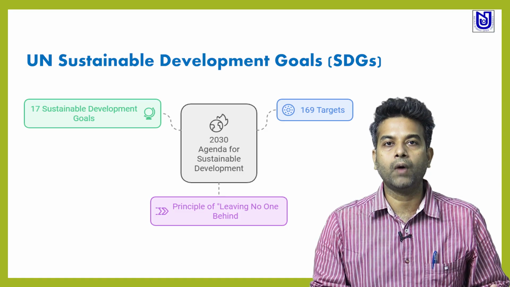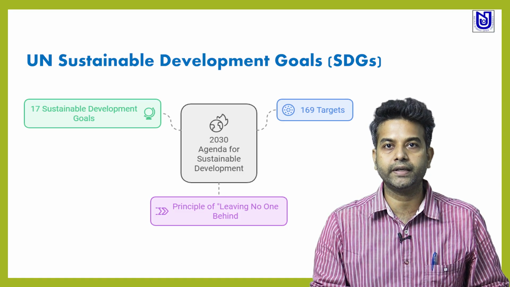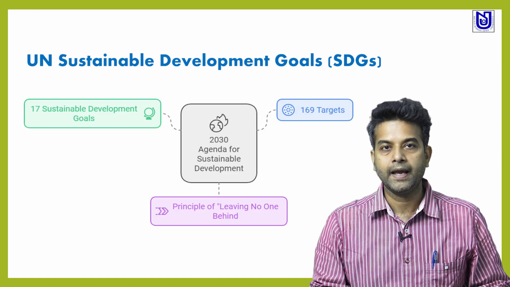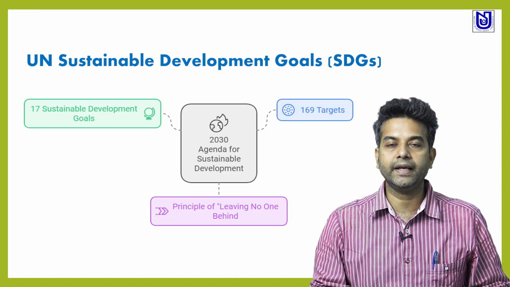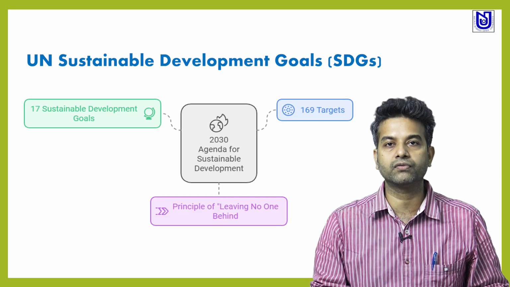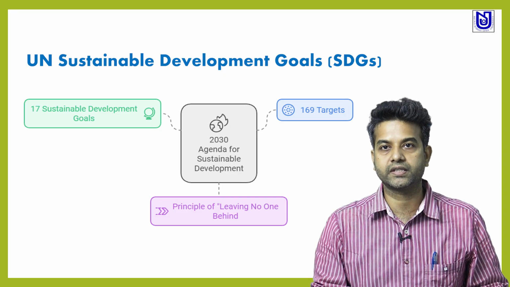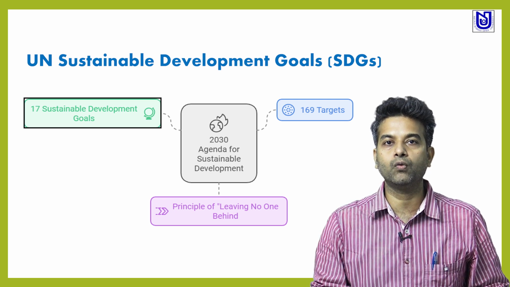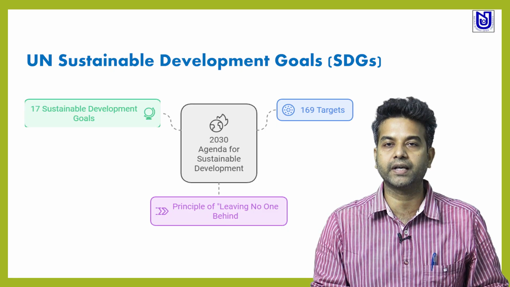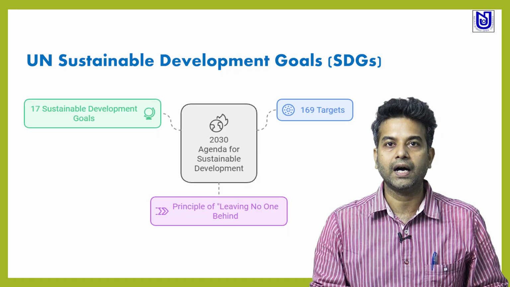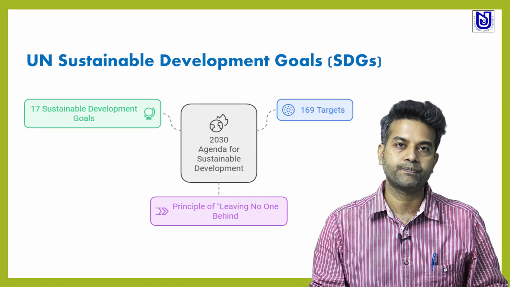Adopted by all 193 United Nations member states in September 2015 as part of the 2030 Agenda for Sustainable Development, the SDGs officially came into effect on 1st January 2016. They comprise a total of 17 goals backed by 169 specific targets and hundreds of indicators to track progress up to the year 2030.